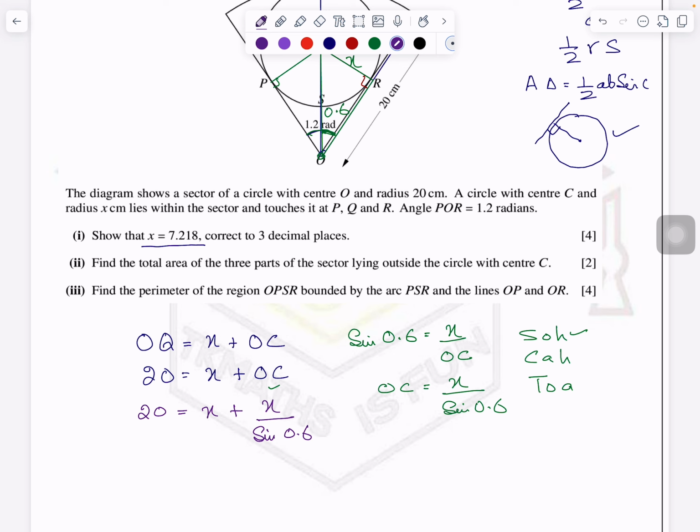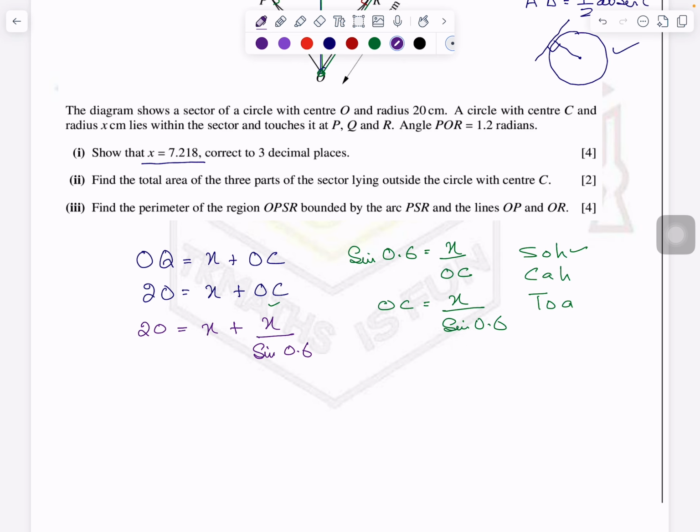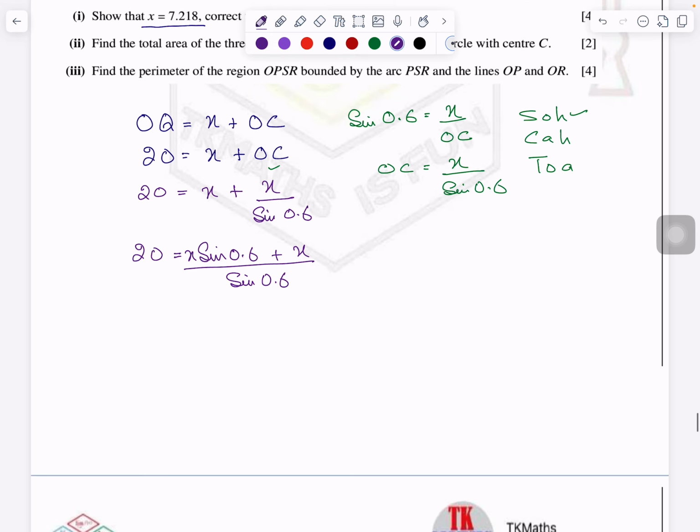So now you pick up the calculator. I'm also picking it up, and let's solve it. How will we solve this now? You can take LCM. So it will become x multiplied by sine 0.6 plus x, divided by sine 0.6. I will use the calculator a little later.